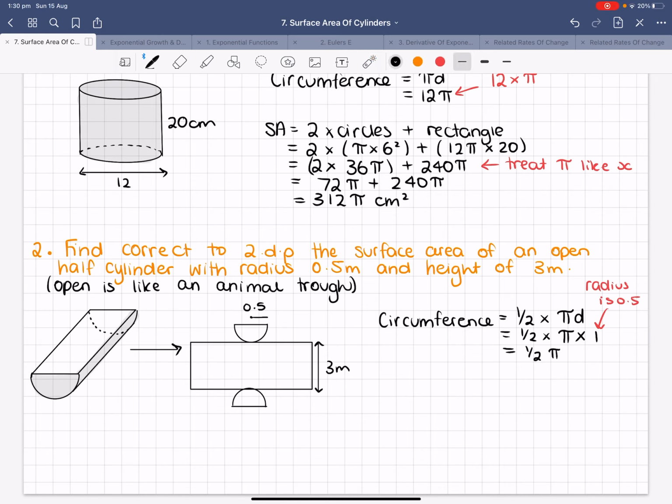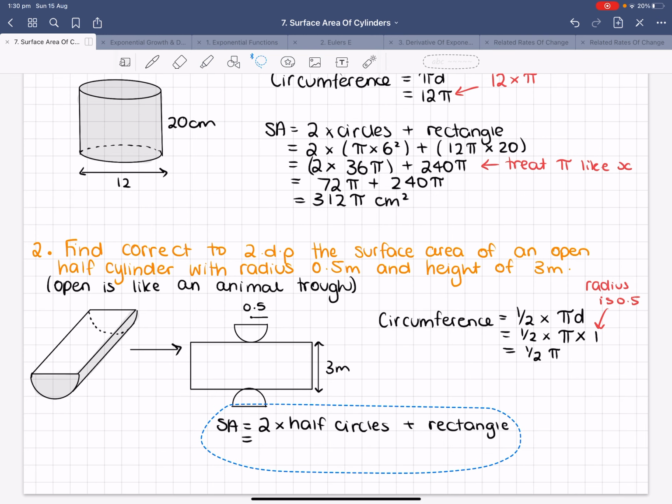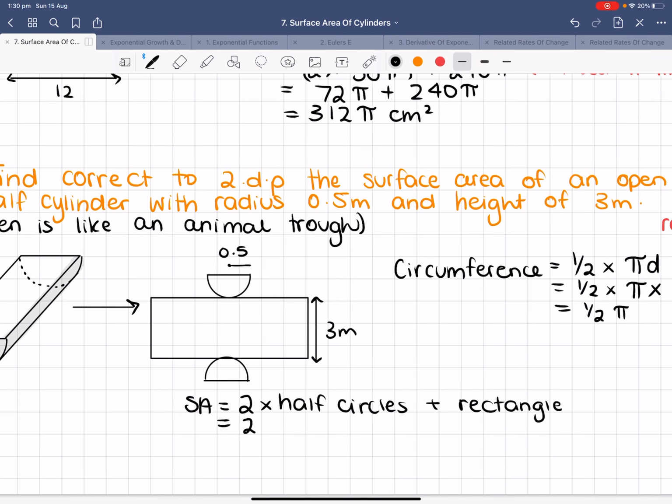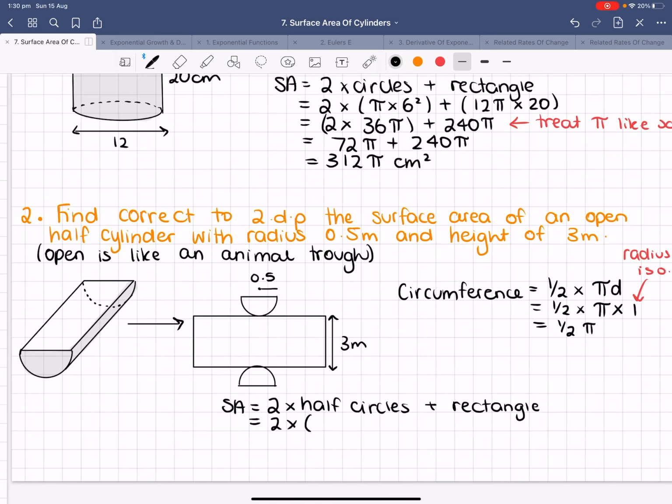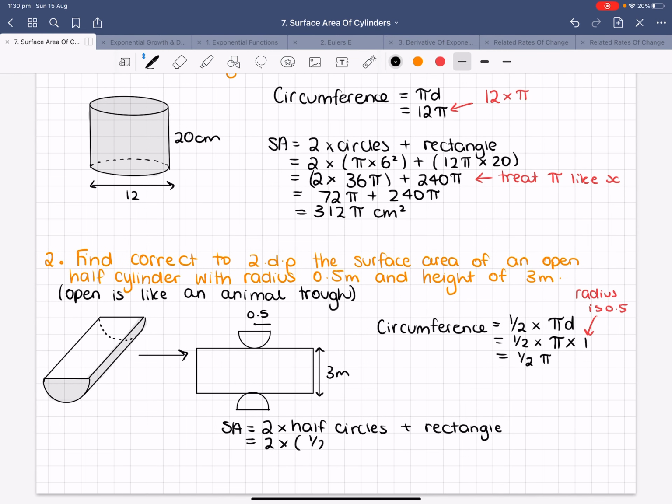So this time for our surface area, we've got 2 lots of the half circles plus the rectangle. I might just move that over because I'll run out of room. So 2 lots of half circles. Or if you want, you can just do the area of a whole circle because it's 2 halves, but it doesn't matter.